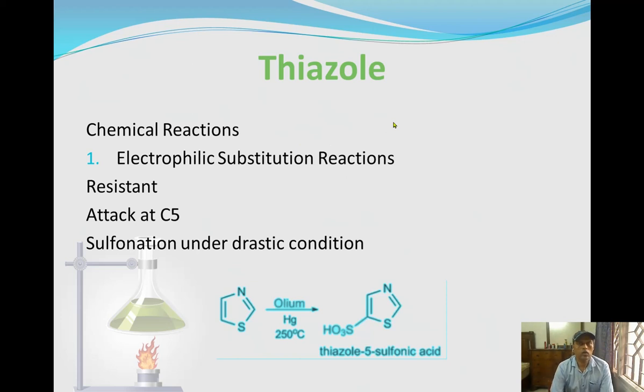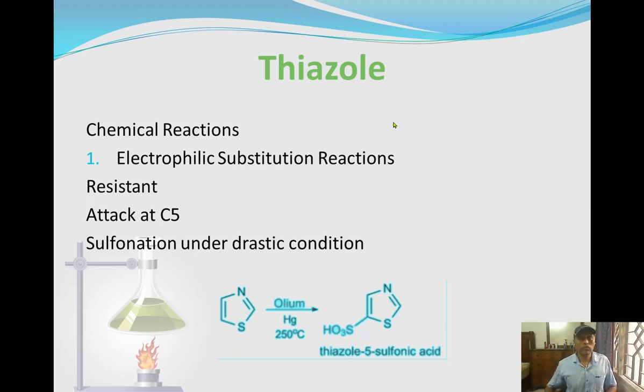First one is electrophilic substitution reaction. The electrophilic substitution reactions are a little resistant. It is not going to give you those free flowing reactions like what we have studied in pyrrole, like sulfonation, nitration, halogenation.